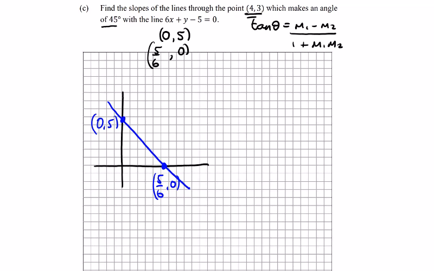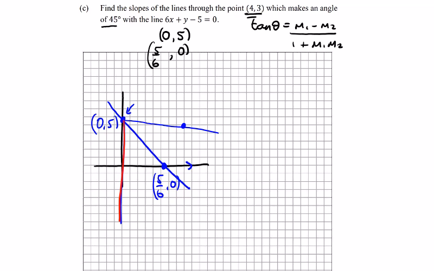The point 4,3 will be further out this way and up, not as high as this point here, so let's just say it's here. So an angle of 45 degrees, let's just say it doesn't necessarily go through the point, but let's say that there's two lines here to make an angle of 45 degrees with this line.